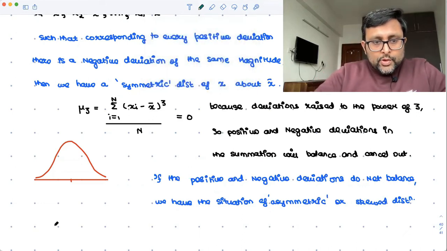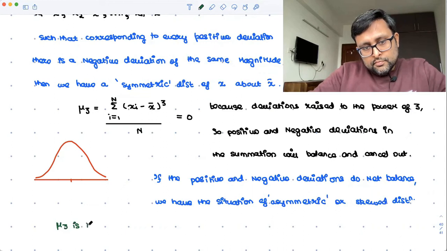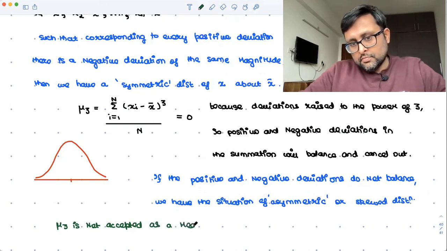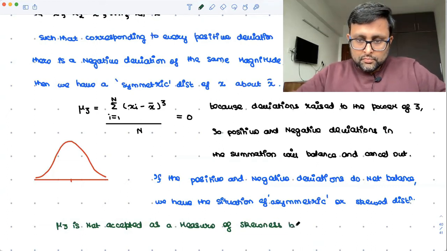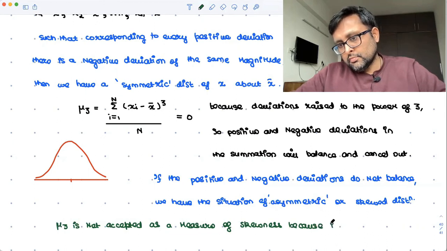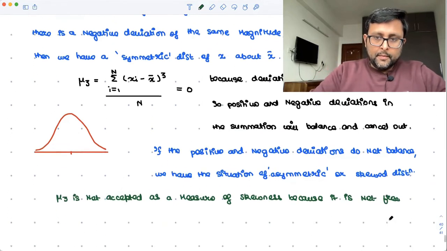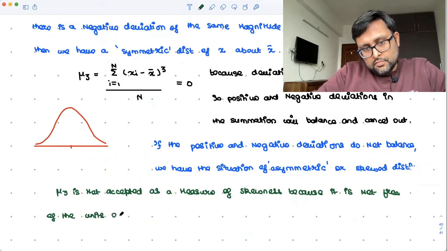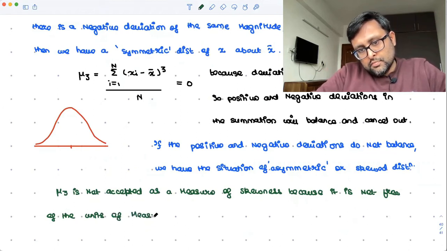The other thing is that this mu3 is not accepted as a measure of skewness because it is not free of the units of measurement.